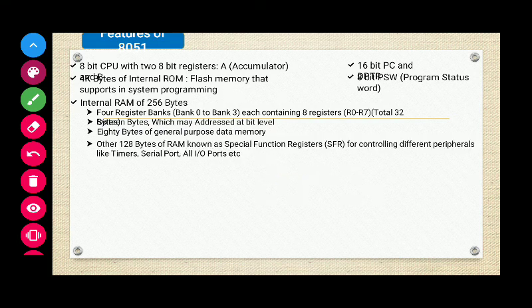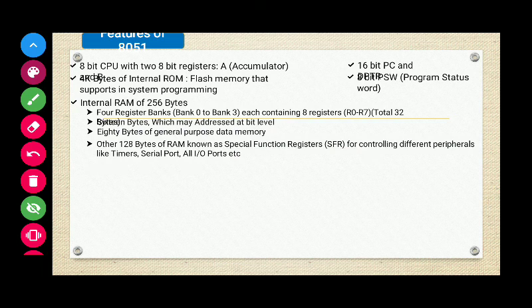Then another 128 bytes of RAM is used for SFR, that is special function registers. These special function registers are used for controlling different peripherals like timers, serial ports, and all input output ports.